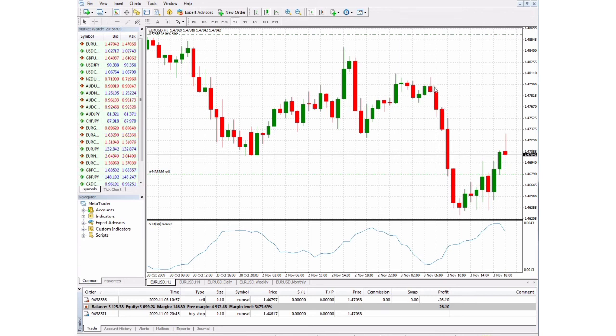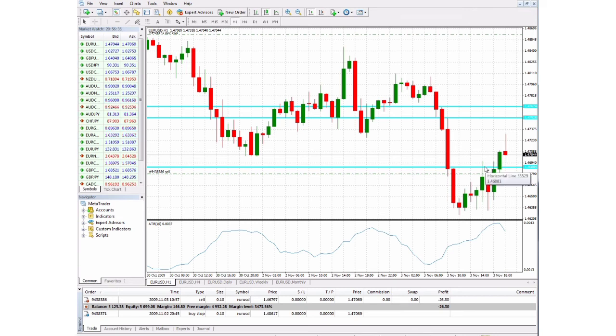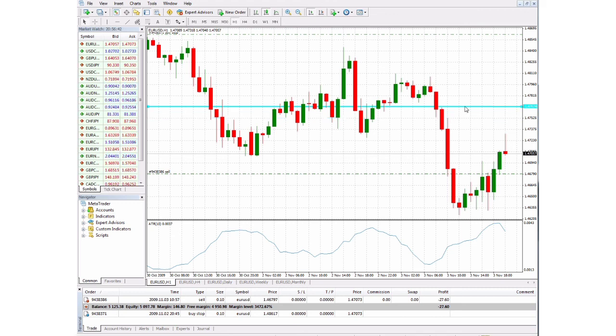And some people will actually go through and move not only a stop to a break-even point, but a stop to points such as these, that high, then down to that high, then down to that high. Of course, someone would have been stopped out at that particular point.